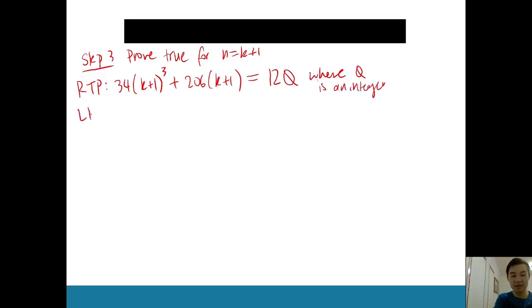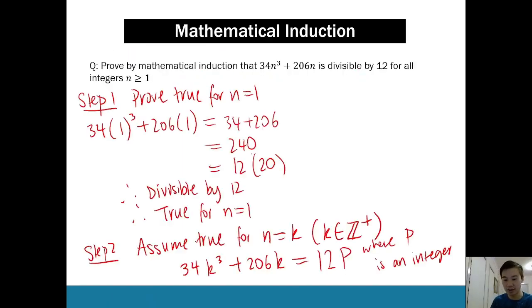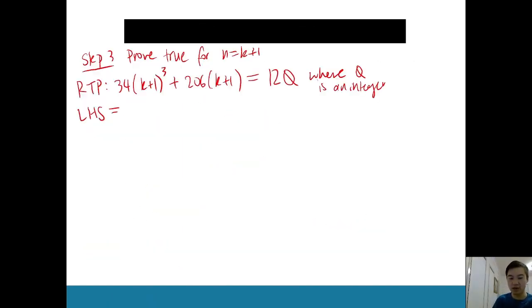So now we can start on our left-hand side and try to work our way to the right-hand side to show that it's divisible by 12. So on the left-hand side, this is 34(k plus 1) cubed plus 206 times (k plus 1). And now I can expand the brackets. You can use your Year 11 knowledge of binomial expansion with Pascal's triangle to expand this.